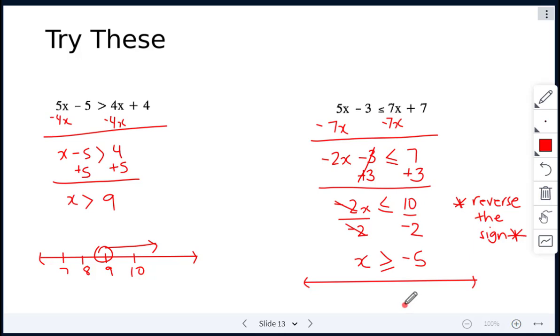All right, so I'm just going to show negative 5, negative 4, negative 6, and because negative 5 is included in the answer, I'm going to fill that in, and it is greater than, so I'm going to point my arrow to the right.